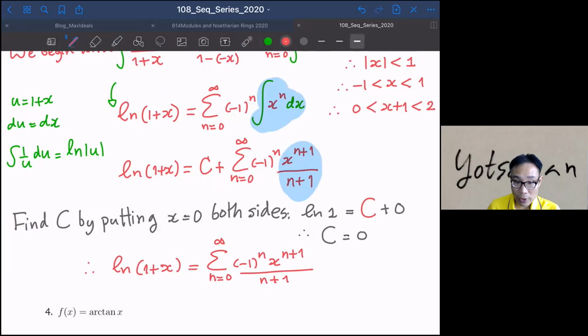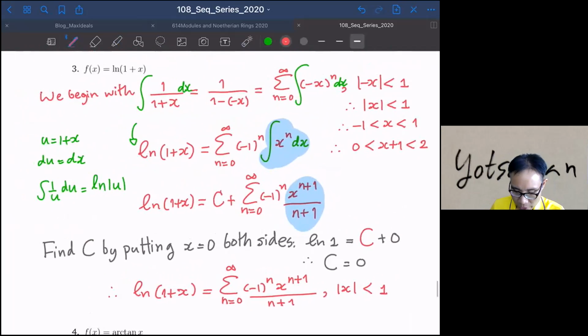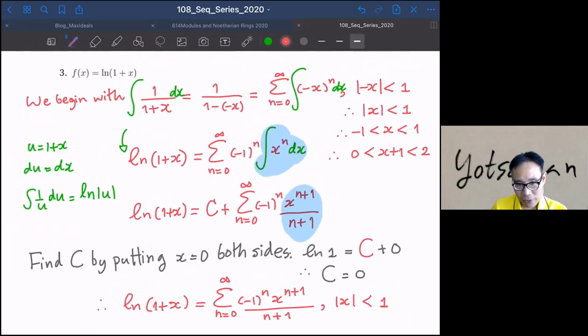So this one will be just this series, and this is valid for absolute value of x smaller than 1. So this is how we do this example. It turned out we are able to represent the given function in terms of a power series.